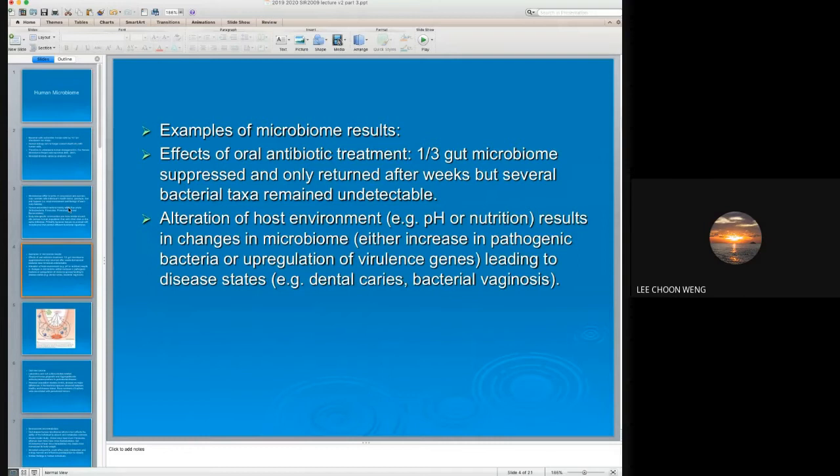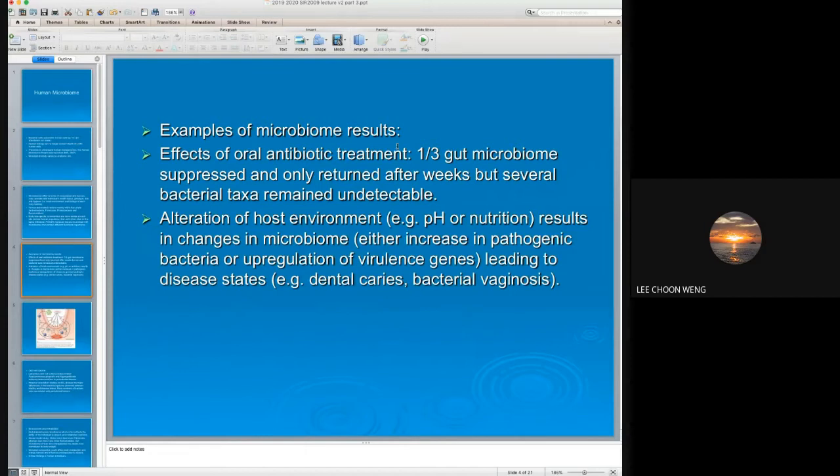However, several bacterial taxa remain undetectable. So taking antibiotics is actually very impactful on your microbiome.